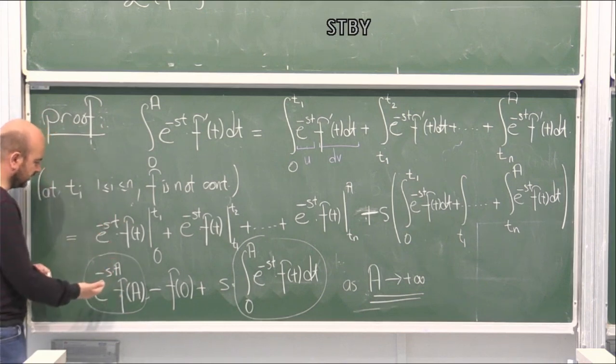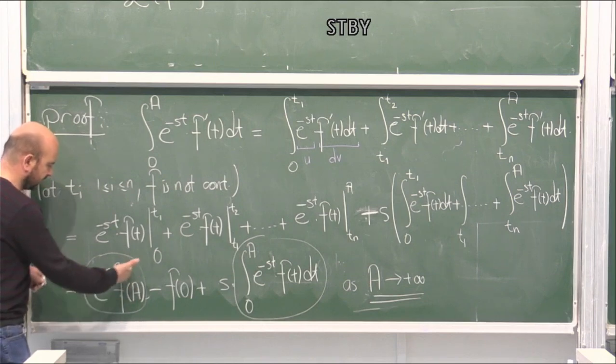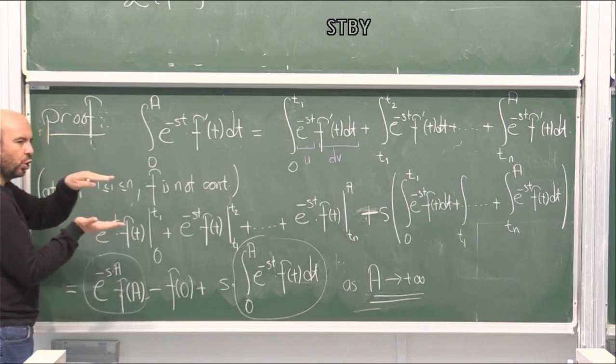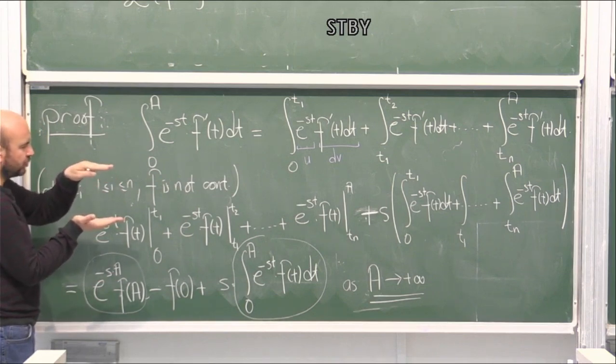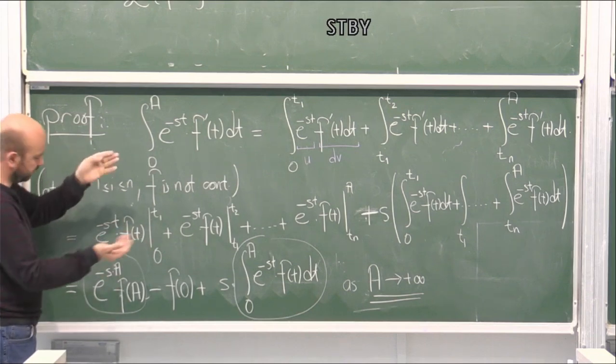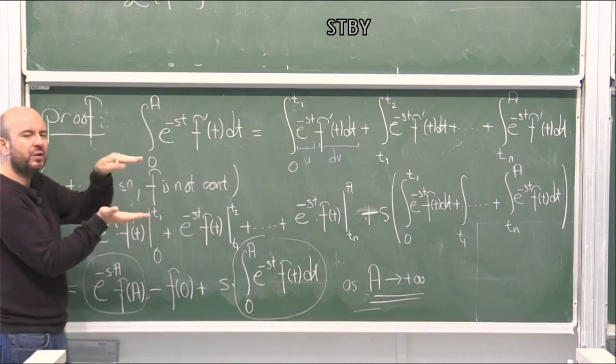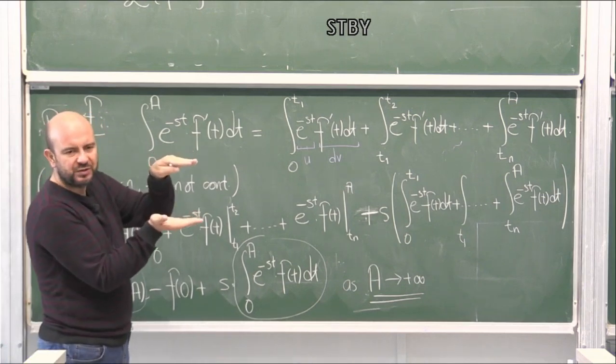In that case, I can write it down again as f of a over e to the sa. Now I have to look at this quotient's limit. If the top goes to a number and the bottom goes to infinity, there's nothing to worry because it will go to 0. If the top goes to infinity and the bottom goes to infinity, at this point again we can use L'Hopital's rule.